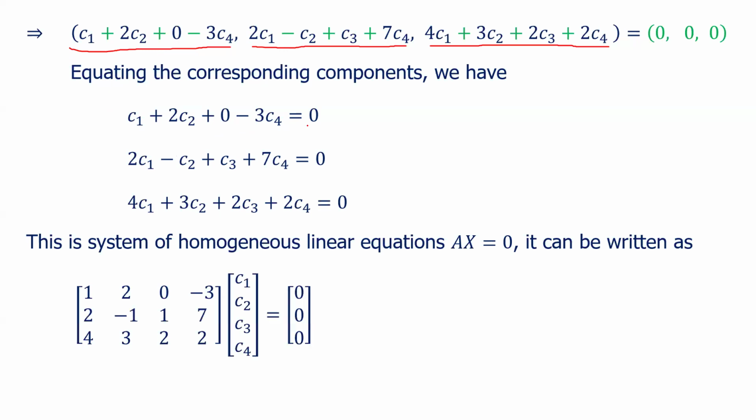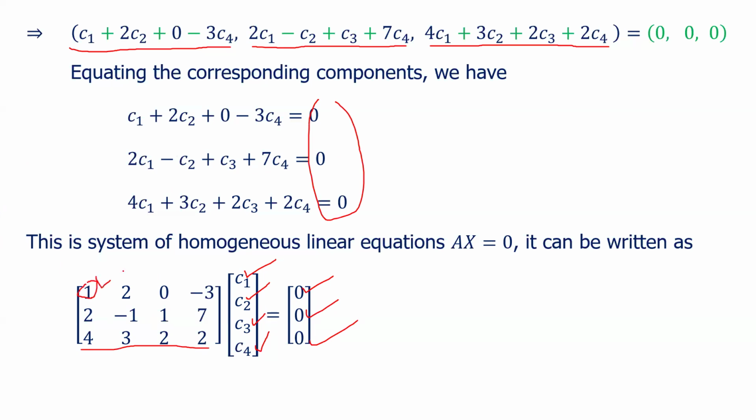It can be written as the matrix [1, 2, 0, -3; 2, -1, 1, 7; 4, 3, 2, 2], where the scalar variables are C1, C2, C3, C4, and the last column will be 0, 0, 0. Now we have to reduce this matrix to its echelon form.